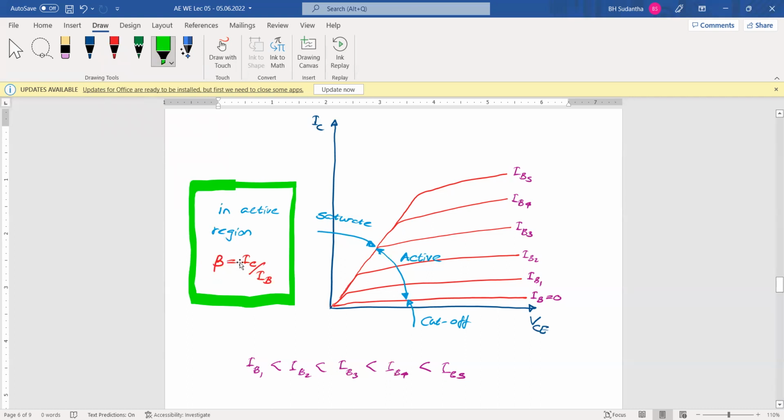This relationship is valid only in this region. In switch off mode, there is no relationship, there is no validity here. You know the transistor is turned off.